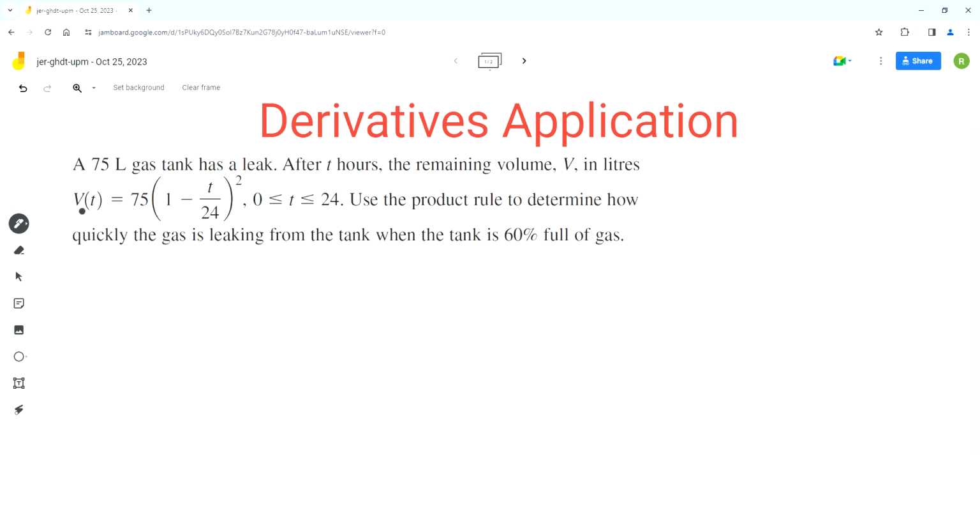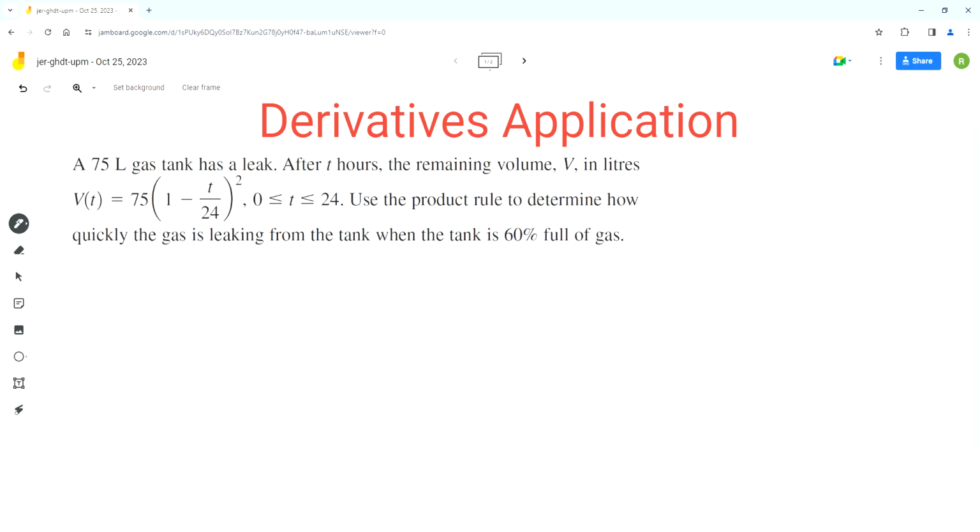Now the first step in this problem is to find the time when the tank is 60% full of gas. So we know that the capacity of the gas tank is 75 liters. So the first step is to find the value of T for 60% of 75.